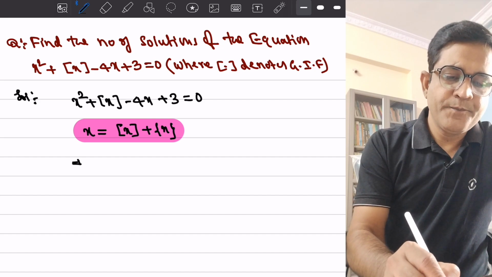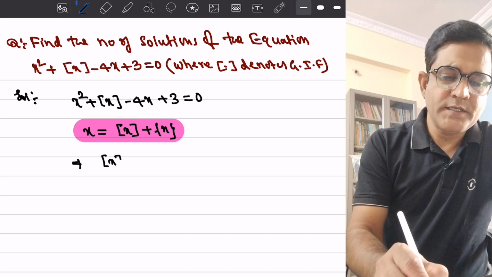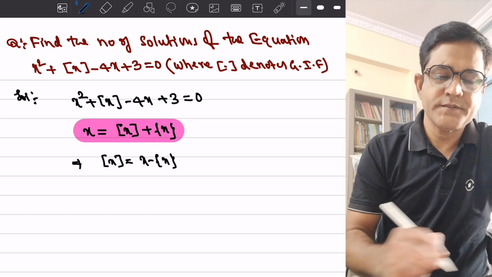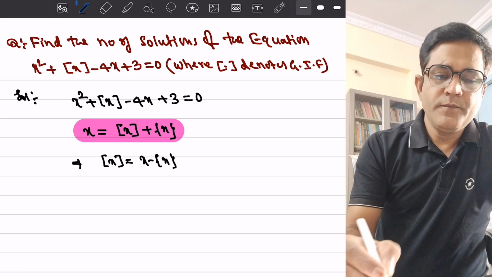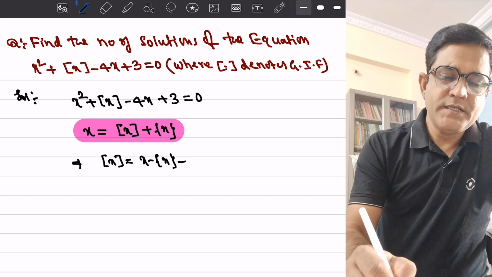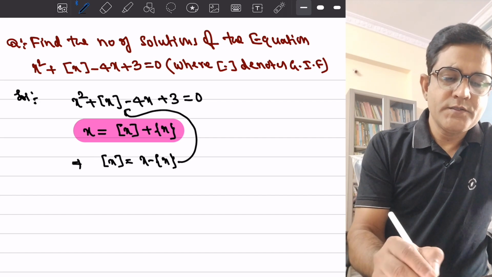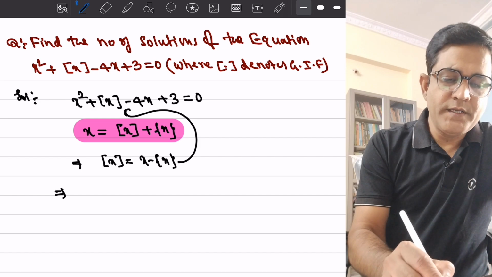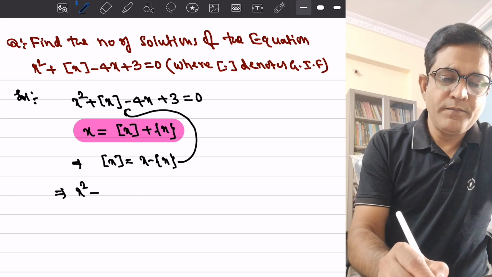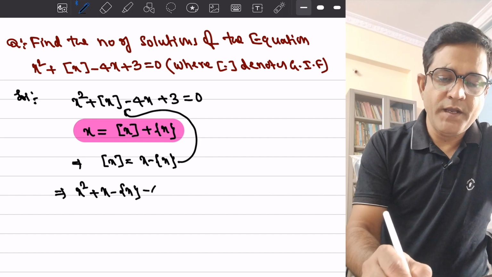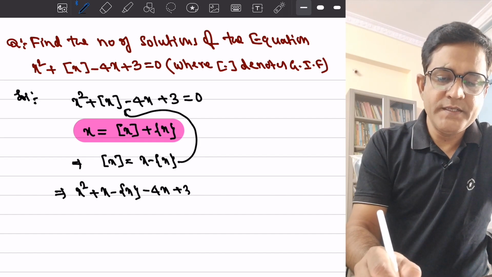From this, if you isolate [x], we get [x] = x − {x}. Now in place of [x] in the question, we put x − {x}. So the equation becomes x² + x − {x} − 4x + 3 = 0.